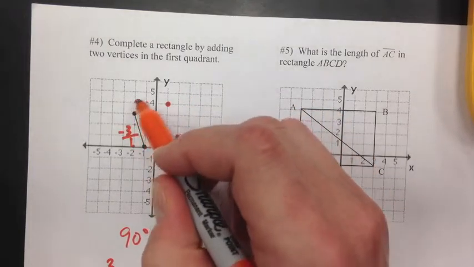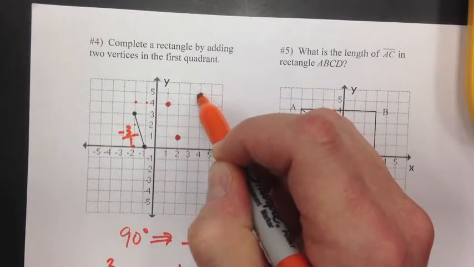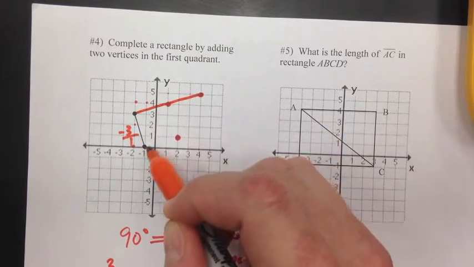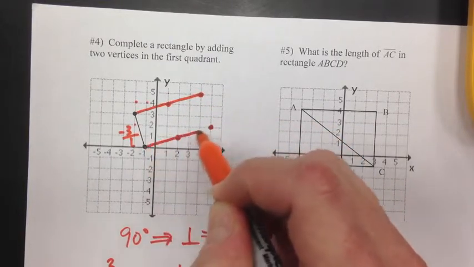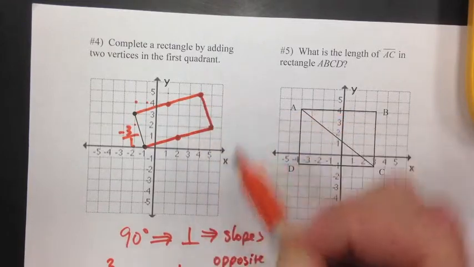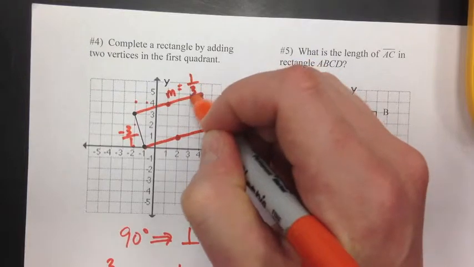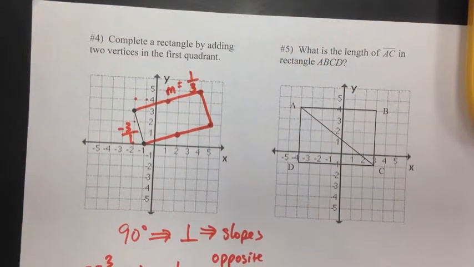So I did rise 1, run 3. Let me do it again. Rise 1, run 3. Here's another point. And then here, let's rise 1, run 3. And now when I connect it, there's my rectangle. Okay, so you're using your knowledge of slope and perpendicular lines to solve this problem.